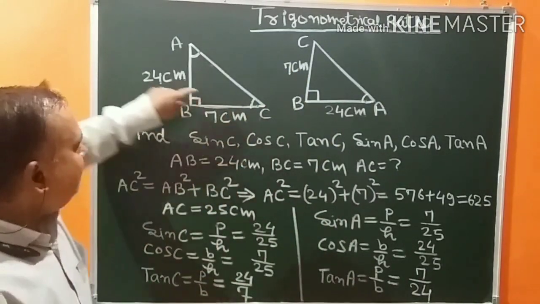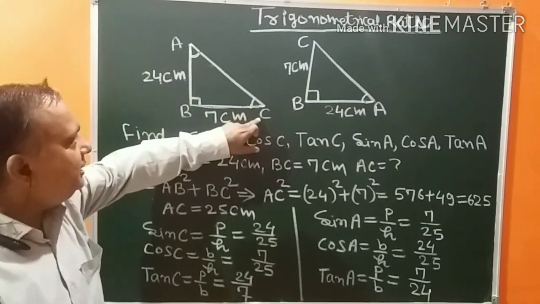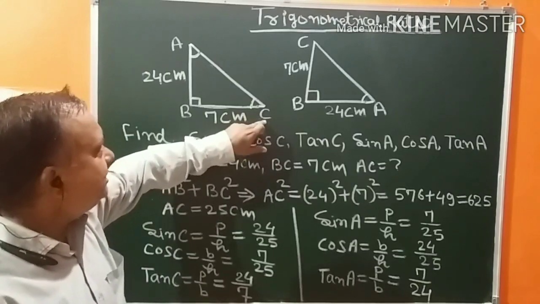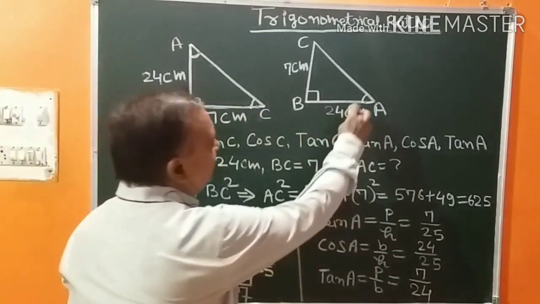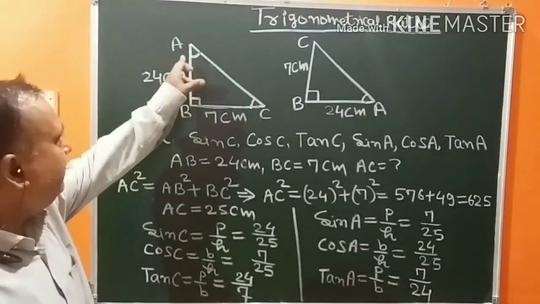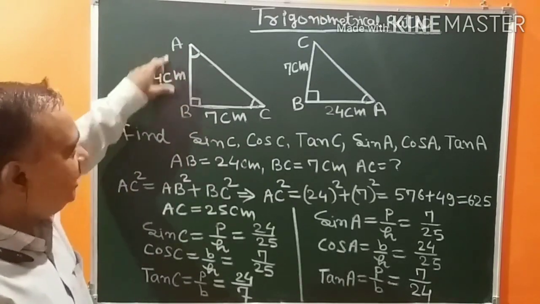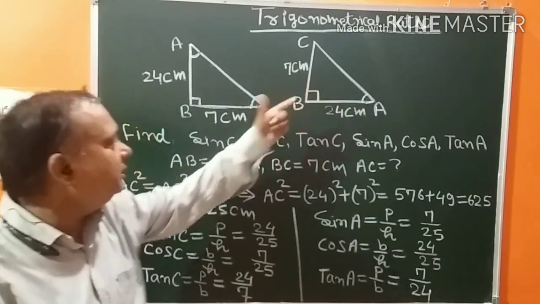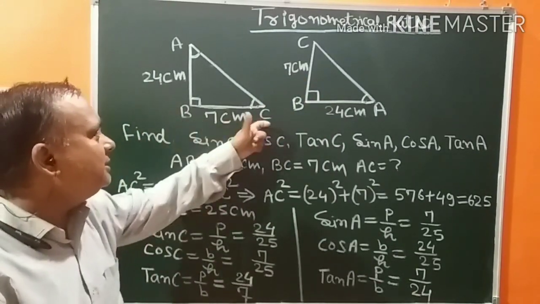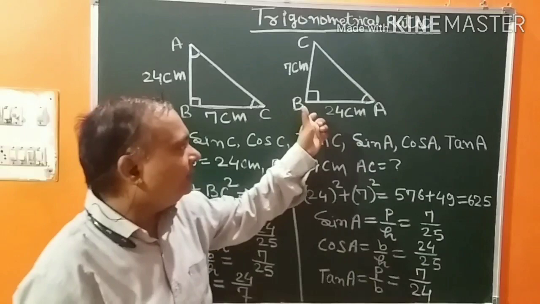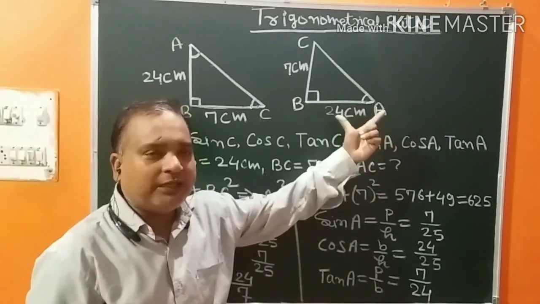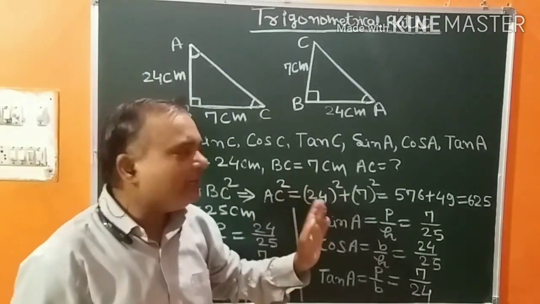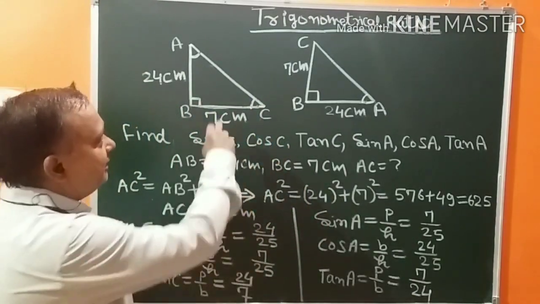Now if here the angle is C and perpendicular is AB, if I interchange angle C and A, so it is angle A, now here the perpendicular is 24, that is AB, but here the perpendicular is BC, that is 7 centimeter. Here the base BC is 7 centimeter, here the base AB is 24 centimeter, but in both the figures the hypotenuse remains the same, that is AC, but that is unknown.